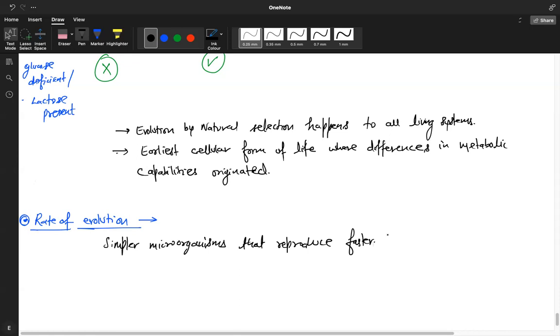We cannot evolve that fast to fight the bacteria, to fight the virus. So simpler microorganisms that reproduce faster, due to a very small life cycle or lifespan, can evolve faster, or before evolve, write down, can adapt faster through genetic inheritance.